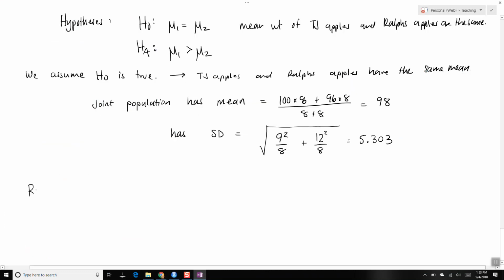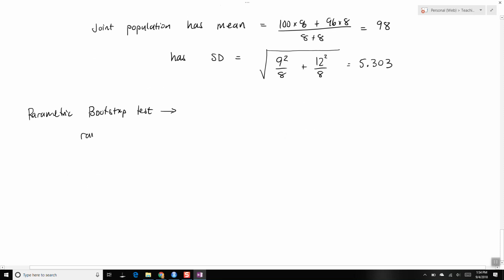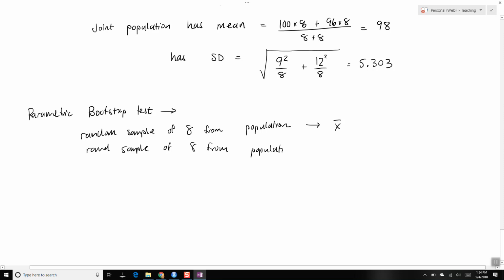So I'm sorry, for a parametric bootstrap test, we will take a random sample of 8 from the population and calculate x bar, and then we'll take a random sample of 8 from the population and calculate its x bar.